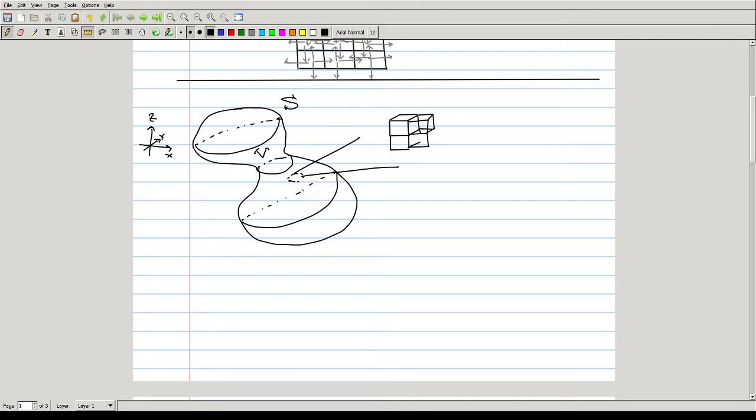I'm just going to draw 4 of these cubes right here just to illustrate the point that I'm talking about.